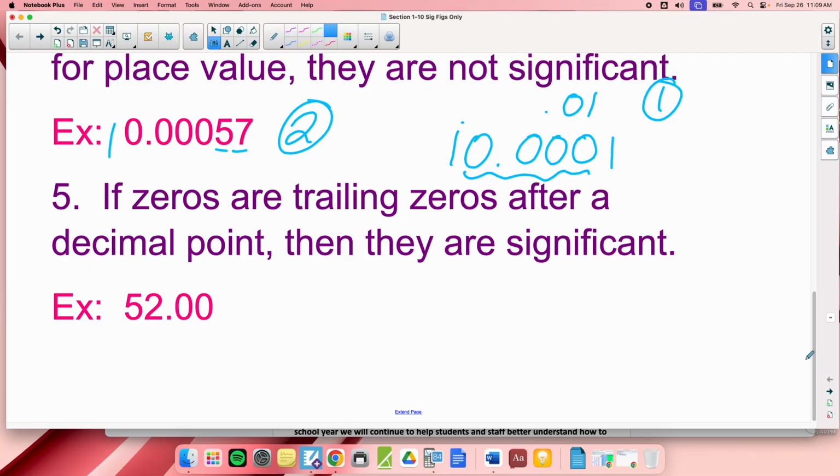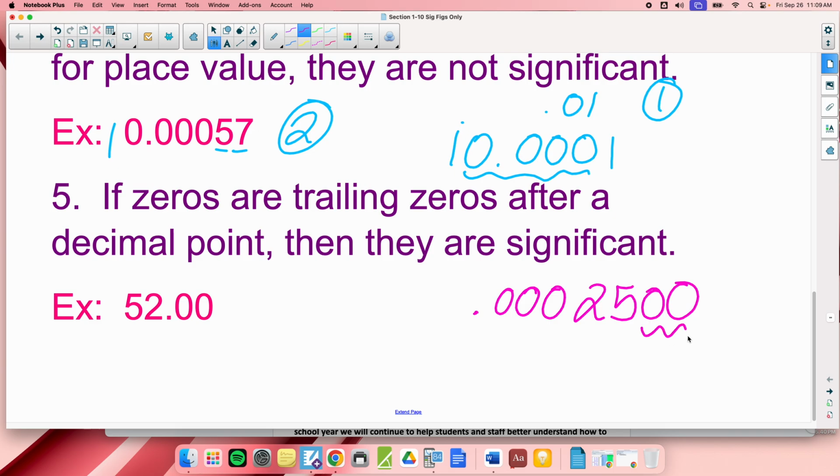Okay, then the last one is if you had something like this, there is something with decimals that's called trailing zeros.